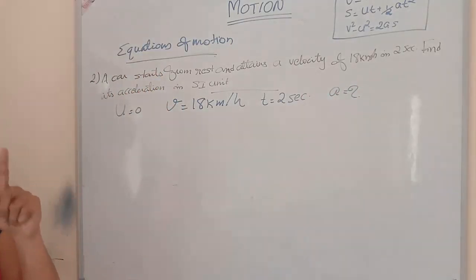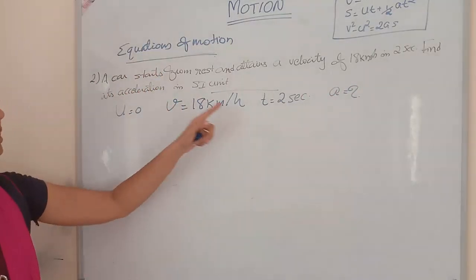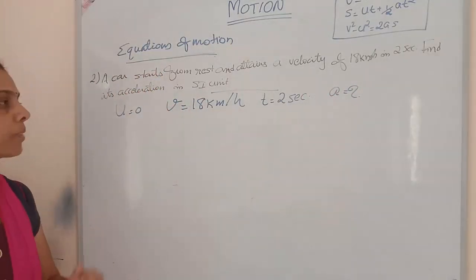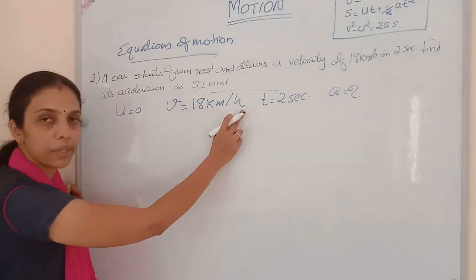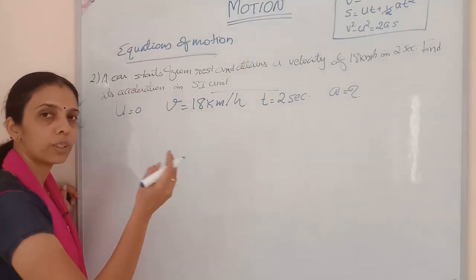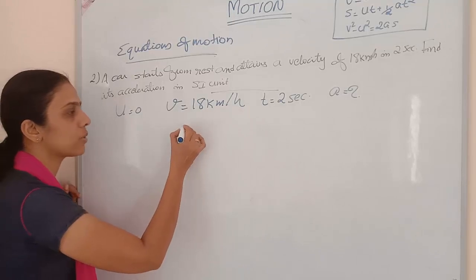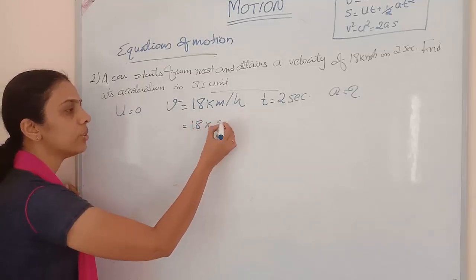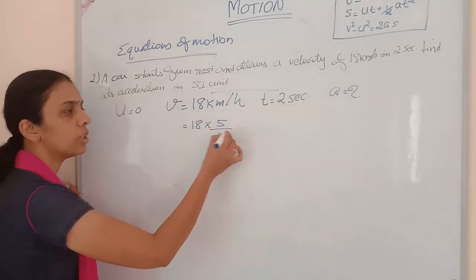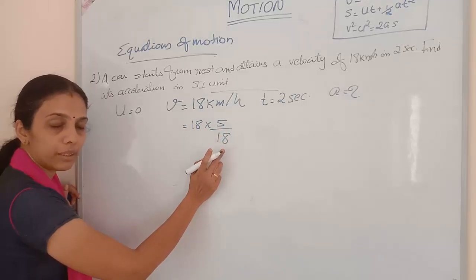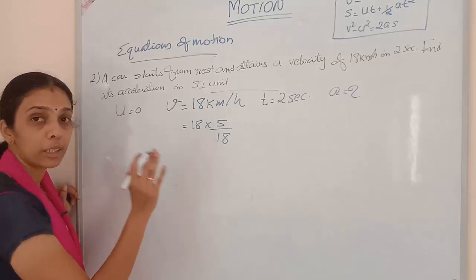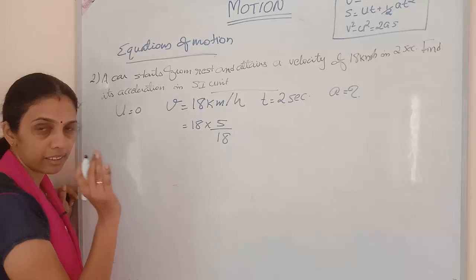So first we should check whether all the given units are in SI unit. No, there is kilometer per hour. So we should convert that into meter per second. So 18 into 5 by 18. To convert it into meter per second, we should multiply it with 5 by 18.